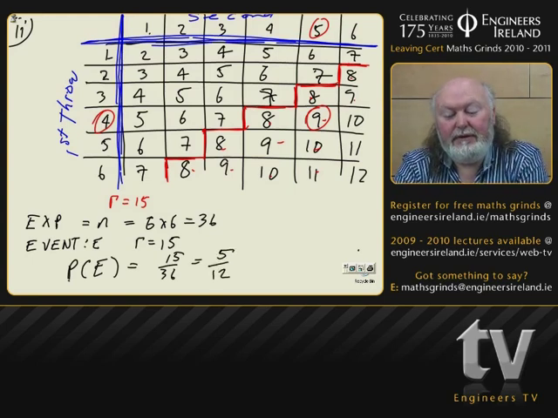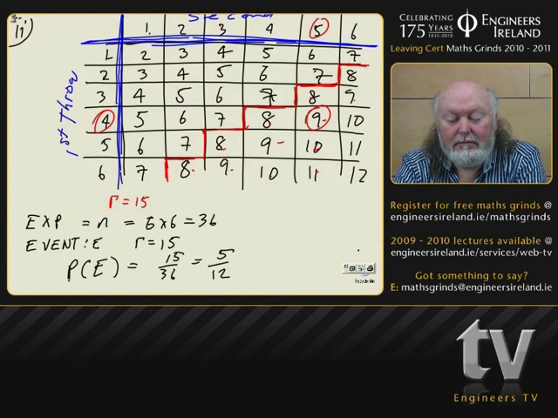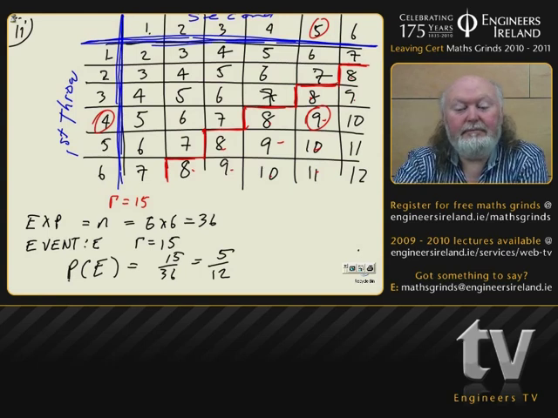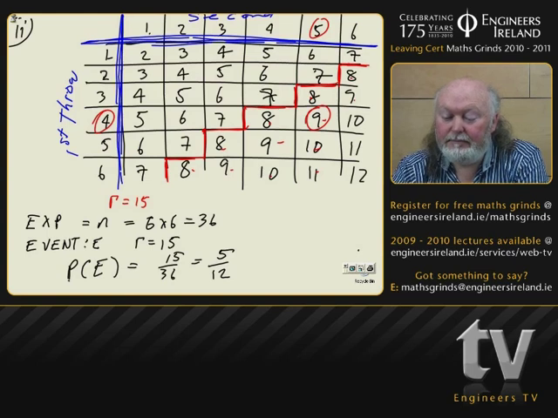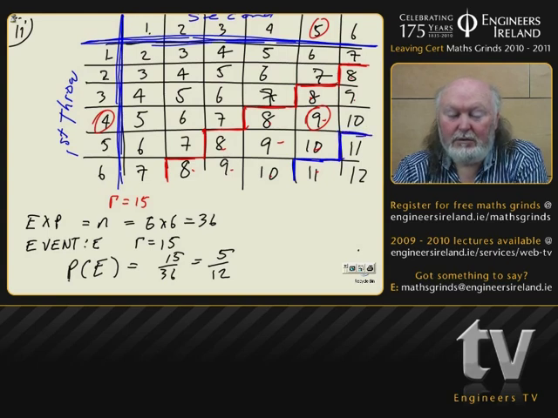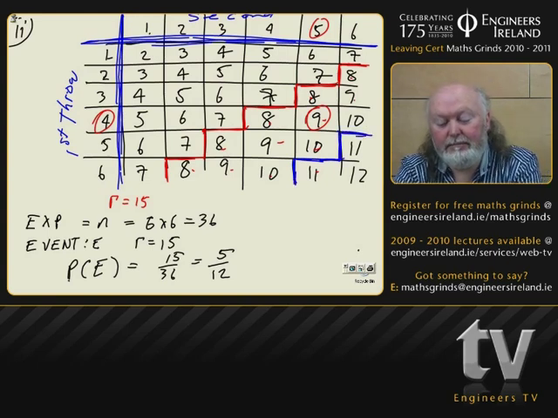If we had been asked what is the probability of at least 8 and no more than 10, well, we're now looking between this red line limit and the blue line limit.